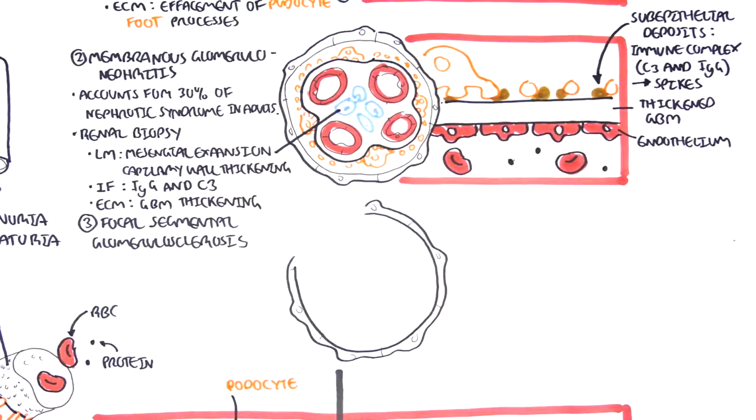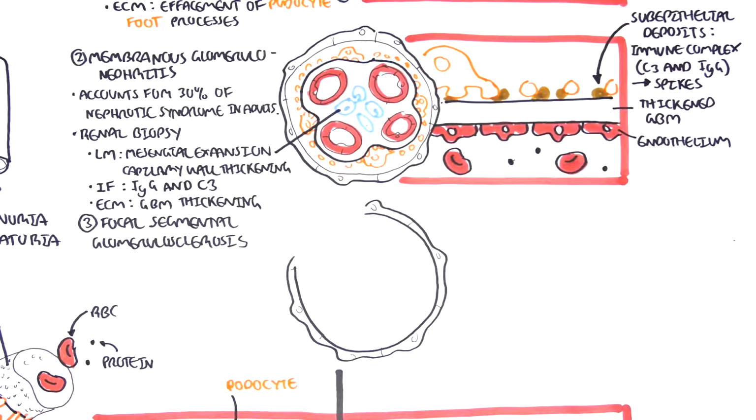The immune deposits actually damage the podocytes and the foot projections. And because there are damaged podocytes, proteins that were previously unable to pass through are filtered through from the glomerulus into the Bowman's capsule and into the nephron's tubule.